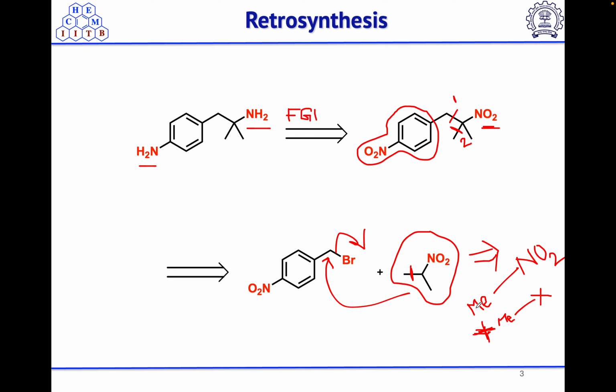If we treat nitromethane with base, it will form the carbanion and undergo nucleophilic displacement to give this isopropyl nitro compound. Very simple. So for our synthesis, we have to see what is happening.